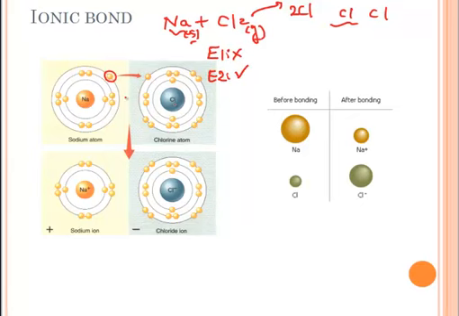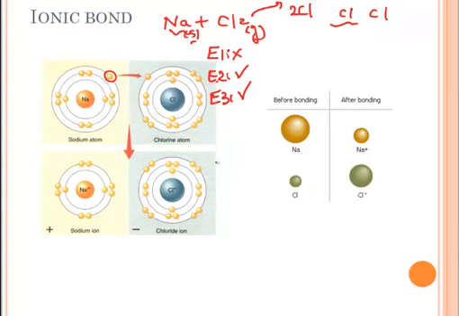As we said before, the octet rule will dictate that sodium would love to lose its valence electron to become 8, as it has 8 underneath. And now chlorine would love to gain this electron, so becoming also 8 on the valence shell. However, when you draw this out, now the sodium ion only has 2 rings, with 2 and 8 electrons on the respective principal energy levels, and the chloride ion now has 3 principal energy levels, of which the last one also has 8.